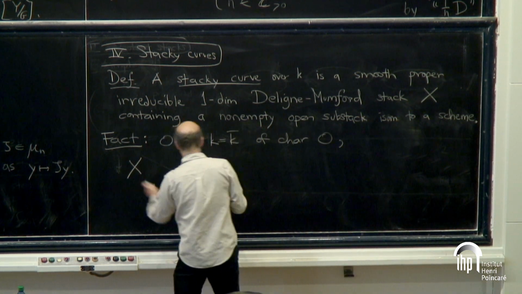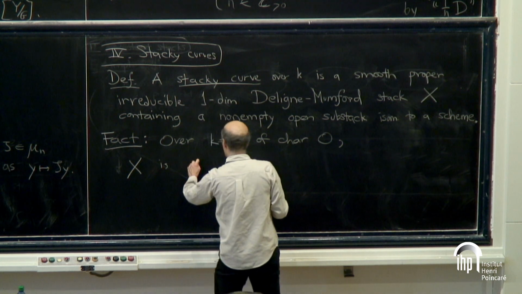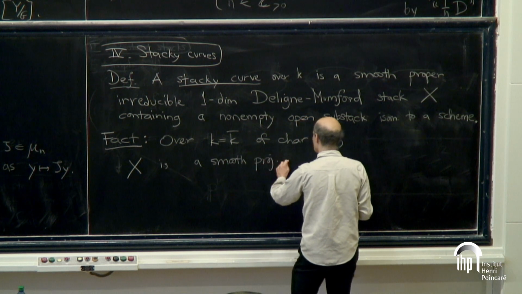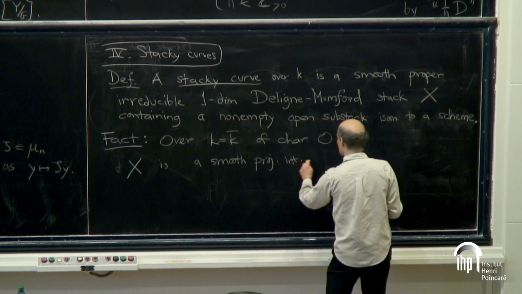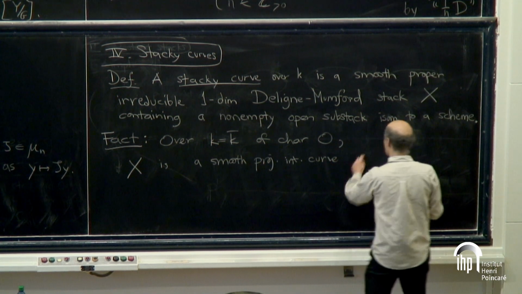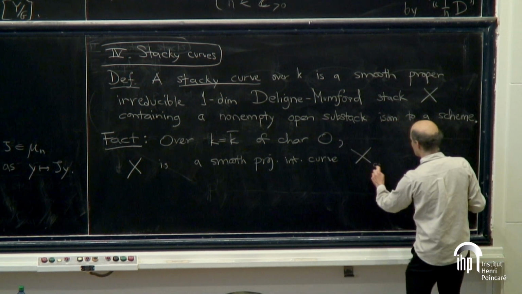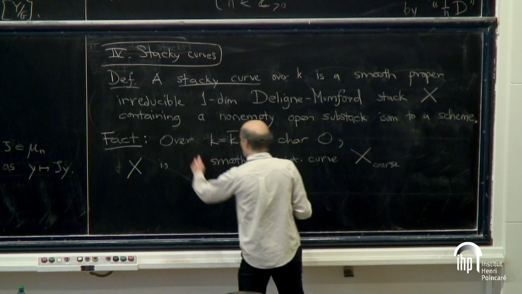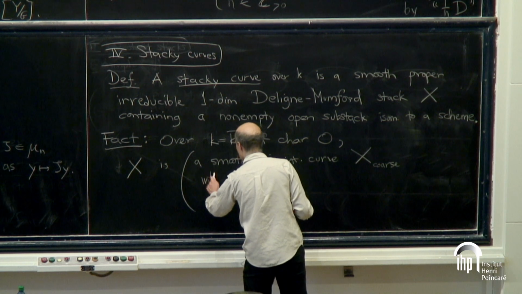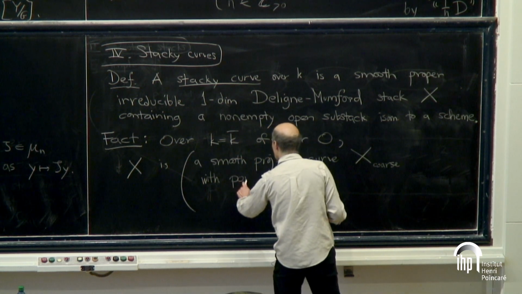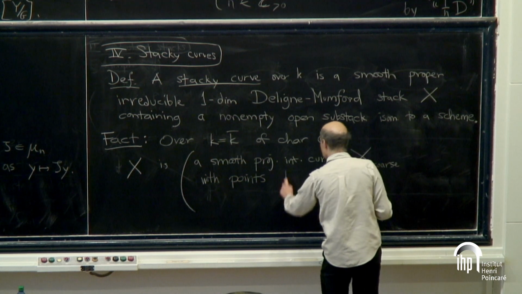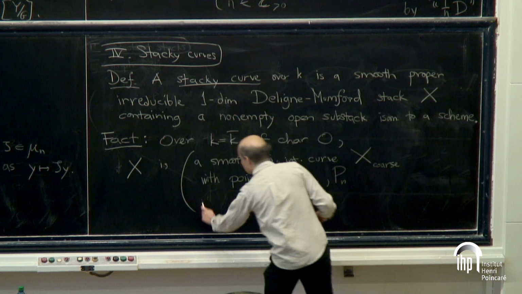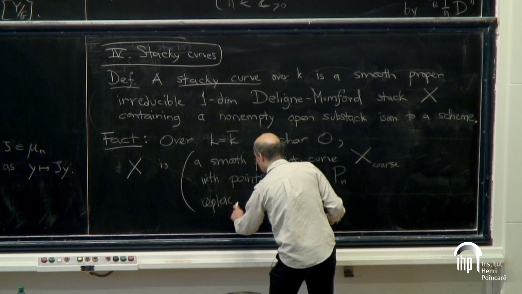This X will look like a smooth projective geometrically integral curve in the usual sense as a scheme, which is also called the coarse moduli space associated to X, except that it has been made stacky by replacing finitely many points, say P1 through Pn, some geometric points, by fractions of themselves.